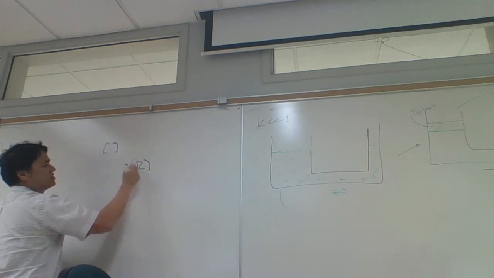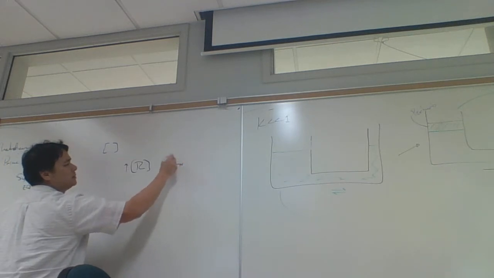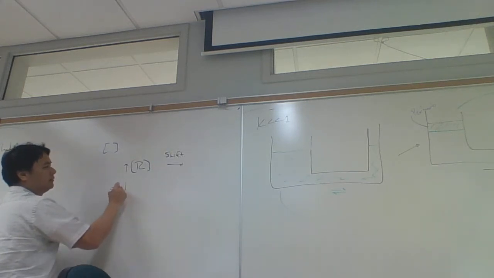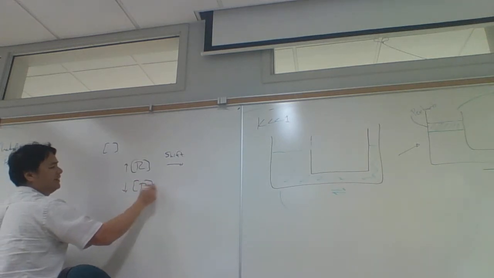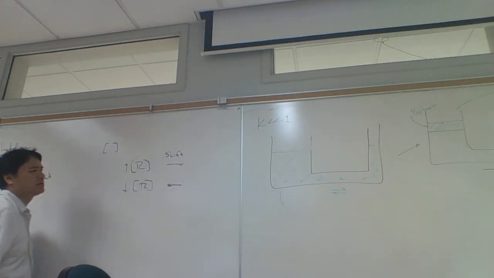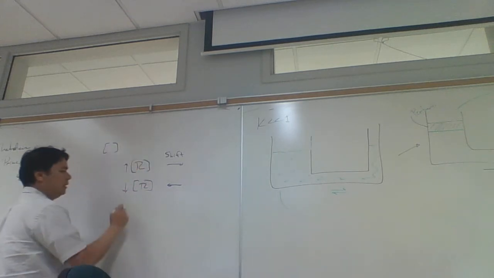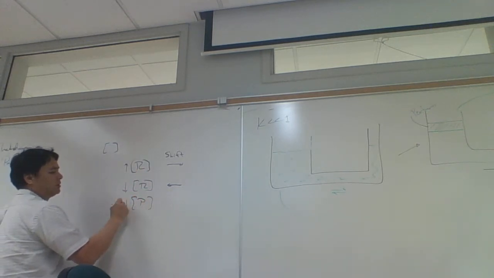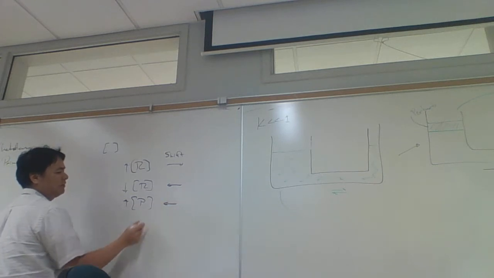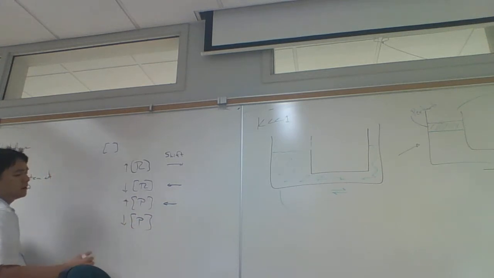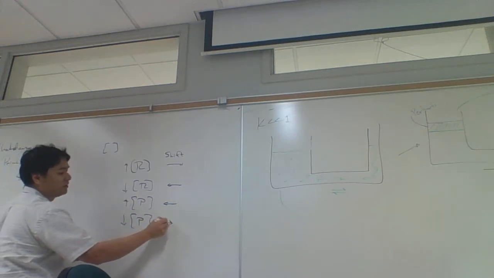If the reactant concentration goes up, then the shift is going to be to the right. If the reactant concentration goes down, then there should be a shift left to reestablish. That's like removing water from this side. The same thing, if the product concentration goes up, we should shift left to decrease the perturbed product concentration. If the product concentration goes down, we should shift it right.